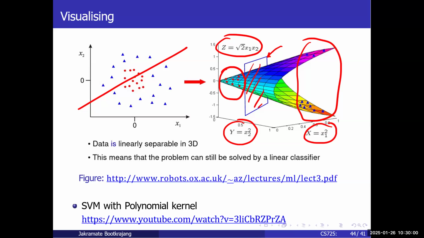So basically, what we do is we transform the data so it can be separated by a linear function. And this is very common in computer science. We try to transform something that we don't know how to solve into something that we know how to solve.